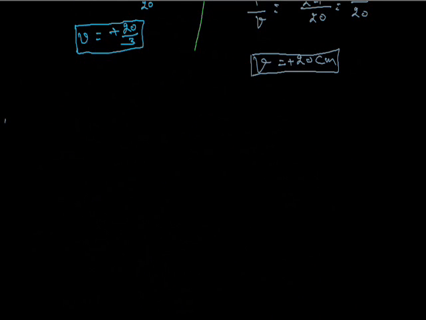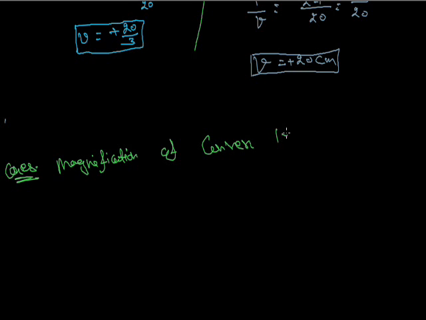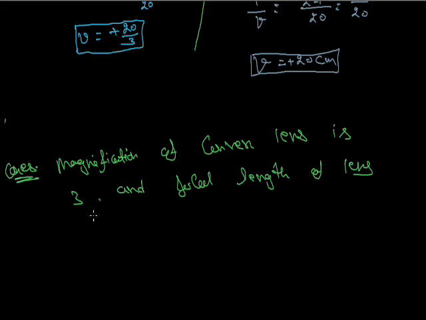Now the second variation of the question. The magnification of a convex lens is 3 and the focal length of the lens is 10 centimeter.